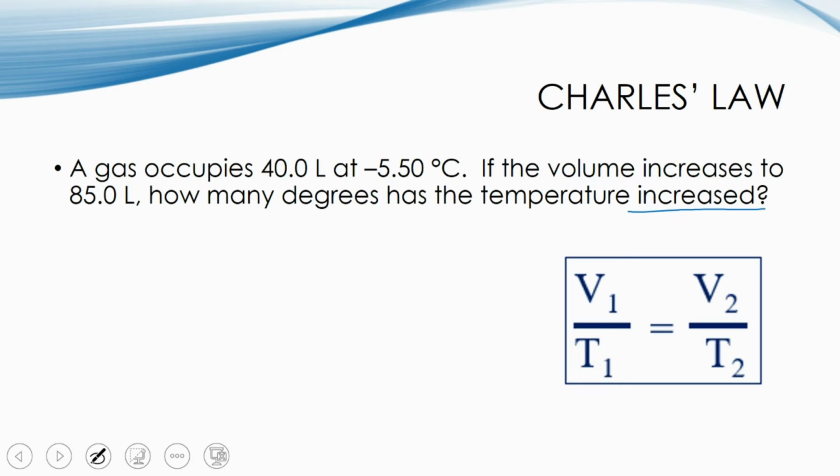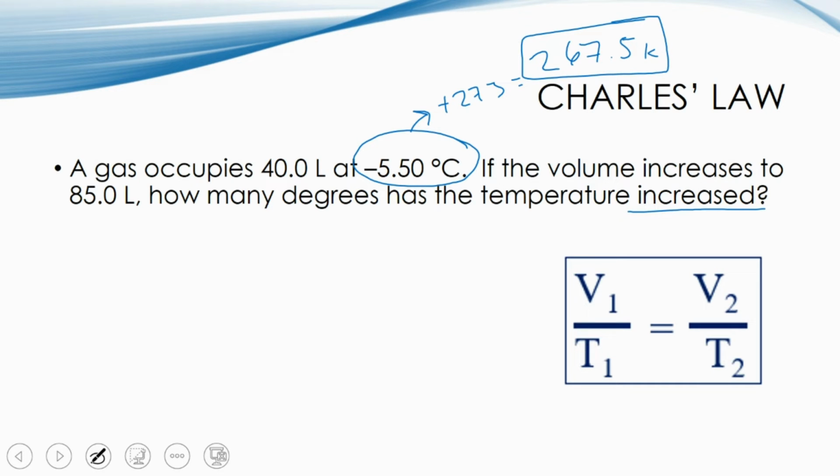So again, don't forget, always change everything into kelvins. All of your temperatures should be in kelvins. So when we add 273, for this one, negative 5.5 plus 273 is going to give us a total of 267.5 kelvins. That's the temperature we're going to use.